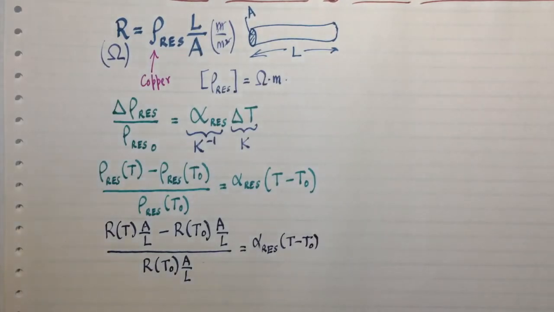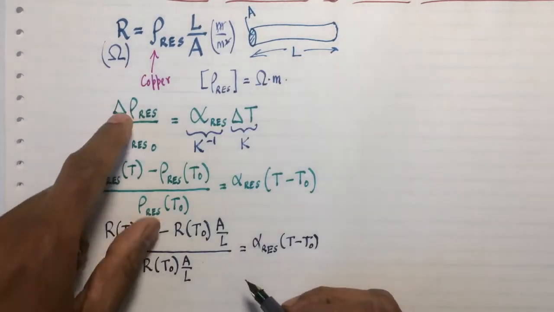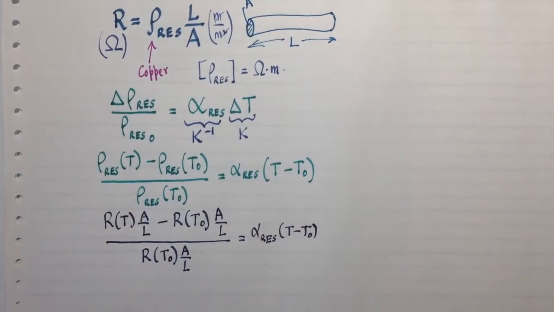In this manner, the equation that you thought was the defining equation for resistivity becomes now a defining equation for resistance.